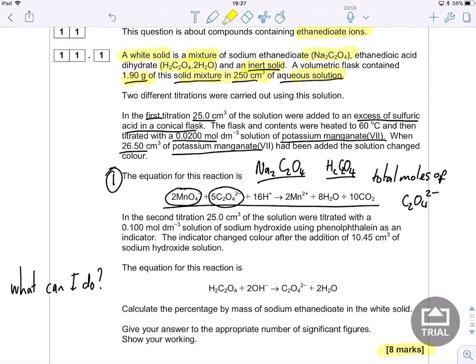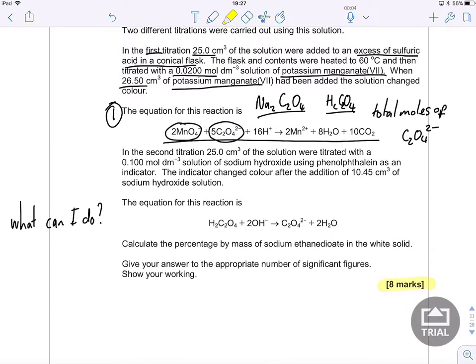Okay, read on. In the second titration, 25 cubic centimetres of the solution were titrated with 0.1 mole per cubic decimetre sodium hydroxide using phenolphthalein as an indicator. The indicator changed colour after the addition of 10.45 cubic centimetres of sodium hydroxide solution. The equation for this reaction is this.